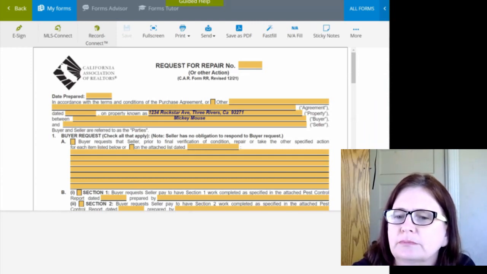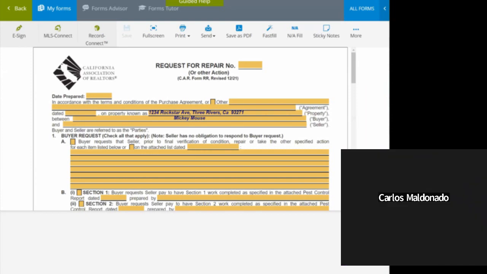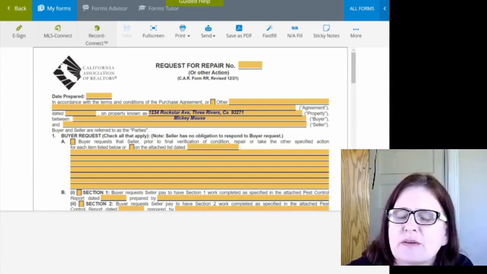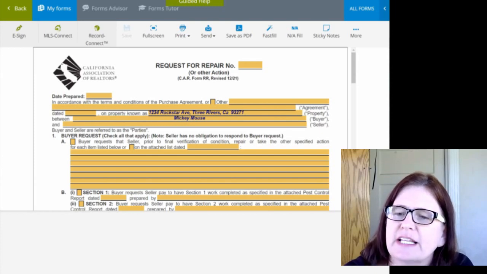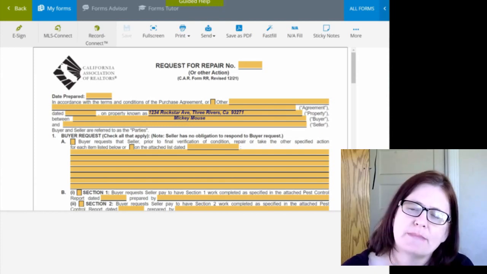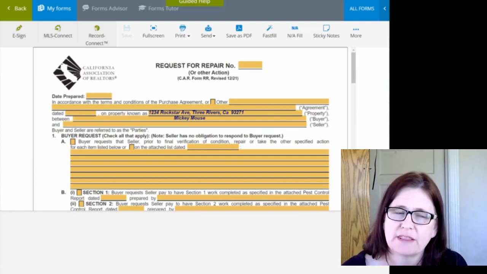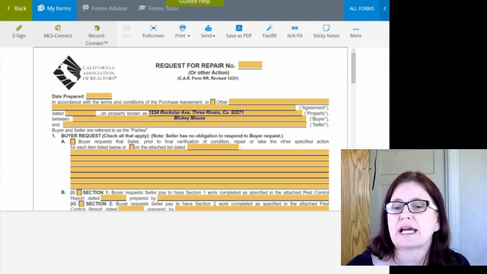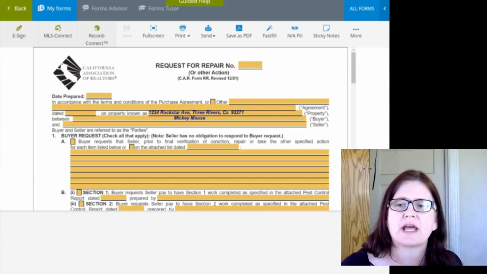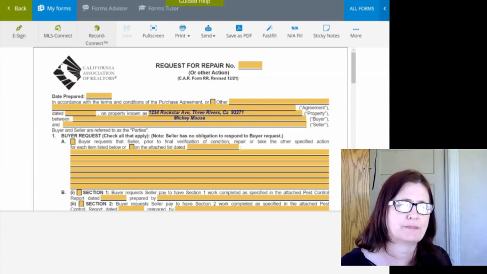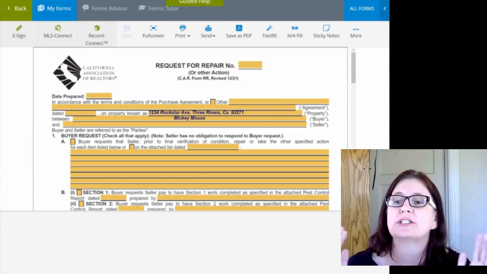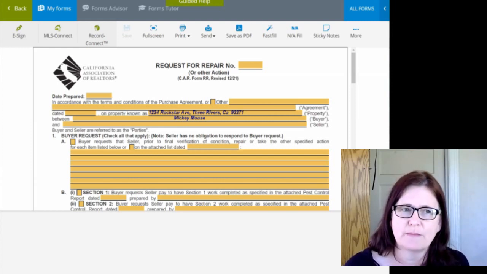Anybody? Health and safety. Definitely health and safety, and maybe big-ticket items. We want to focus on the items that will be a deal killer. Let's say it needs a new roof. If they don't get a new roof, they're willing to walk away. That's the type of thing that we're looking for.